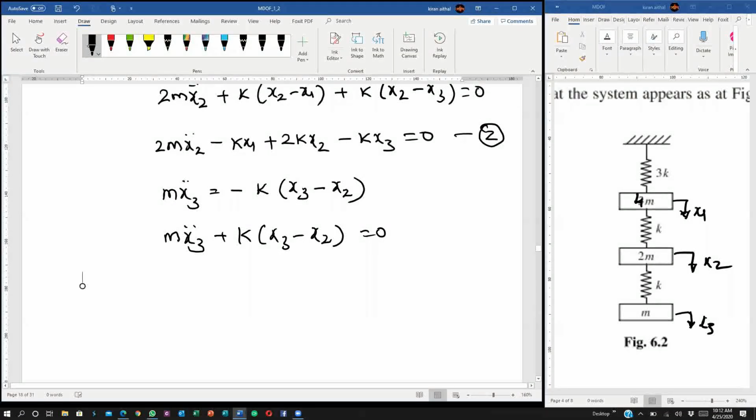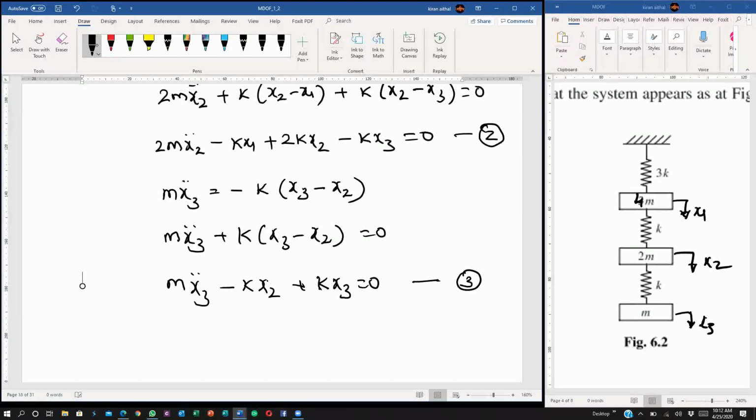That gives me m x3 double dot minus k x2 plus k x3 is equal to 0. This gives me equation number 3.